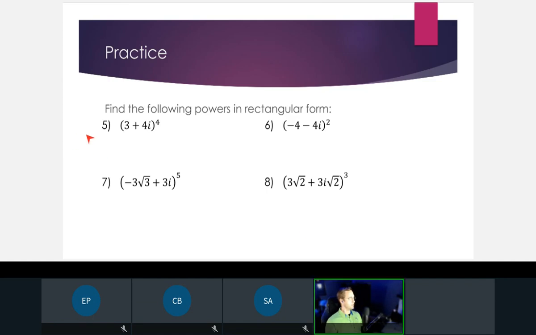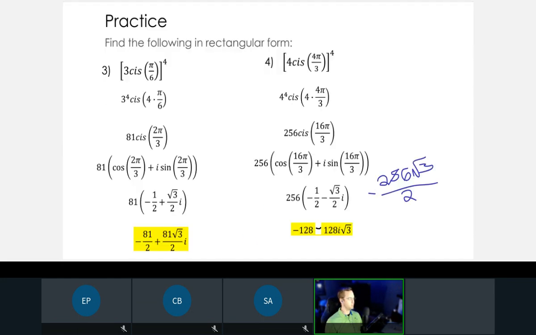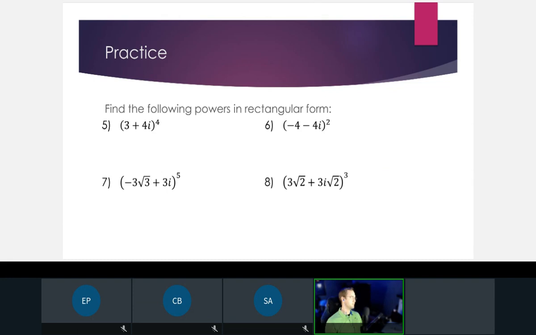All right. So I have more examples. We want to find the following powers in rectangular form, but we just did a bunch of them. Why do I have so many examples? Oh, because these examples, you have to first convert to what?